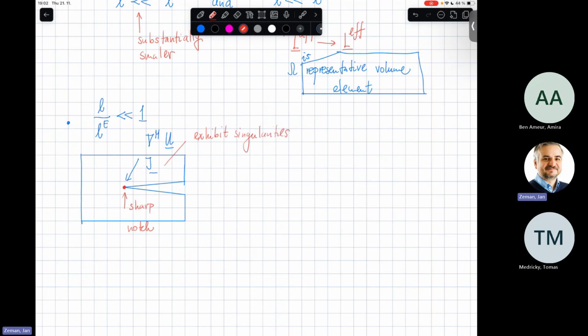Right? So it's known that according to theory, if you believe this model, the stresses and then strains can be arbitrarily large if this crack is just mathematically sharp. So this is one thing in which you cannot use it.